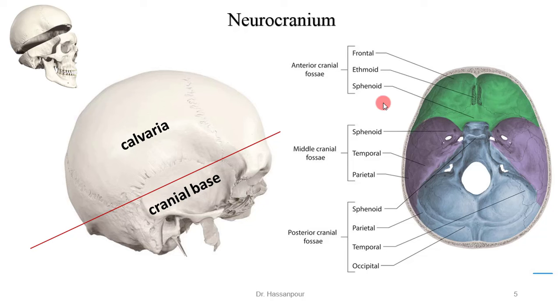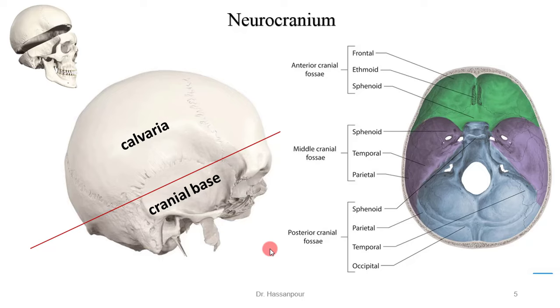Looking at it from the inside, it can be subdivided into the anterior cranial fossa, the middle cranial fossa, and the posterior cranial fossa. The cranial base comprises the frontal bone, ethmoid bone, sphenoid bone, occipital, and temporal bones.